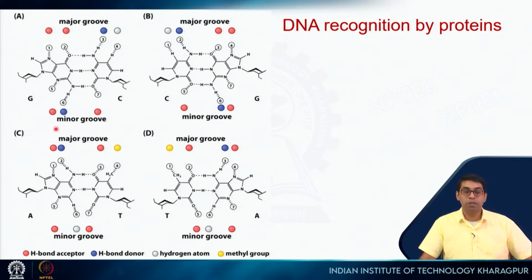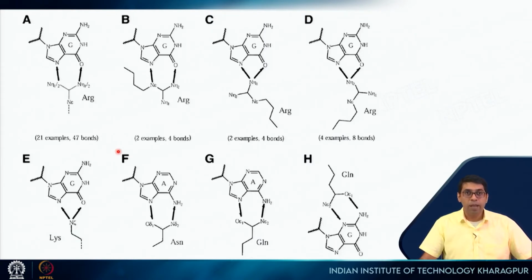But that does not mean that we do not see any interaction with the minor groove. So it is also there. Similarly, for the AT pair, there is a hydrogen bond acceptor, hydrogen bond donor, hydrogen bond acceptor, and also we have this methyl group which can form very good hydrophobic interactions with hydrophobic residues of amino acid side chains. And this is actually true. So we do see interactions, some of those interactions are shown here.